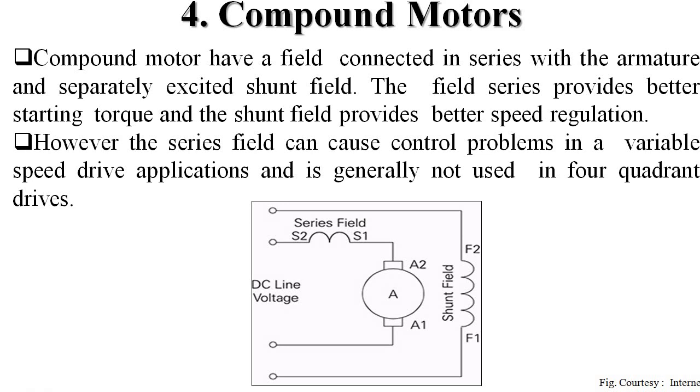The series field provides better starting torque and the shunt field provides better speed regulation, that we have seen in our two types. However, the series field can cause control problems in variable speed drive applications and is generally not used in 4-quadrant drives.